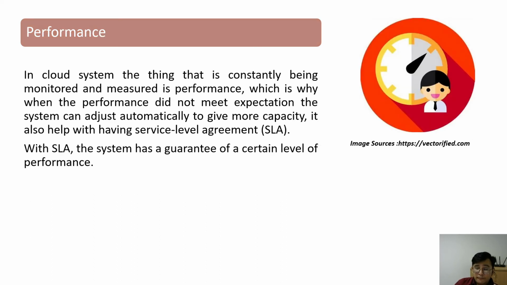The next one is performance. Performance is also one of the principles in cloud technology implementation, where we need to monitor and measure our performance, which is why performance that does not meet the expectation of the system should be adjusted automatically, for example, giving more capacity, more speed, more storage, and having what we call a service level agreement.